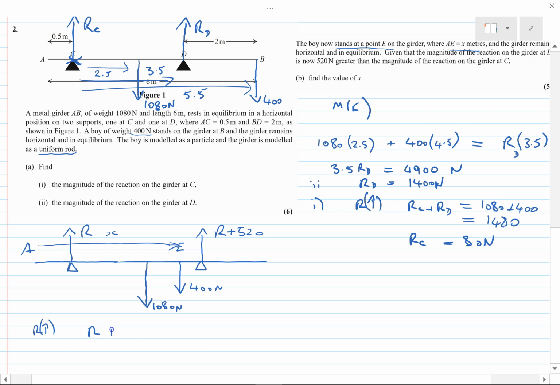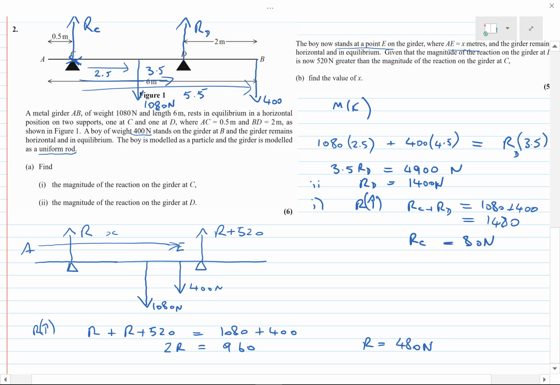So R plus 520 is equal to 1080 plus 400. So that's going to give us 2R equals 1480 minus 520, so that's equal to 960. So R equals 480 newtons.